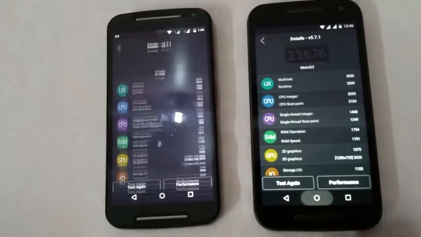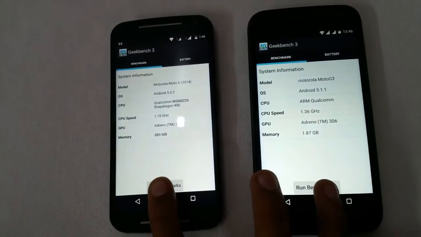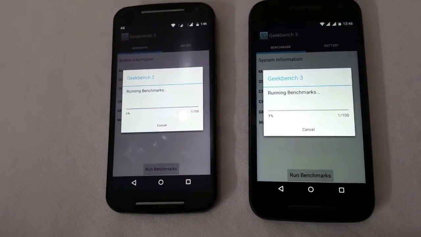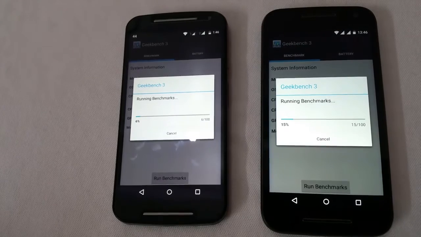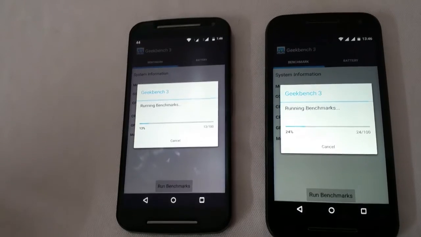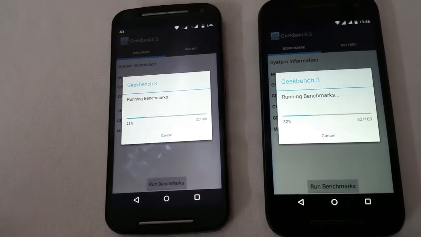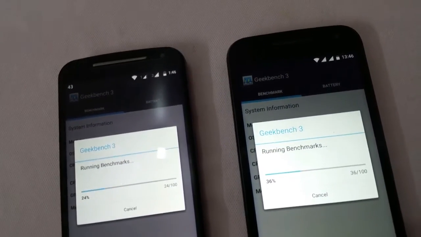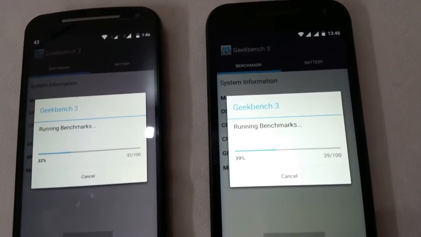Let's go ahead and check Geekbench 3 and see what it has to say. We're going to run both of them together. Again, the Moto G third generation is going ahead. 20% is almost done with the third generation and 17% with the other, almost a 10% difference.